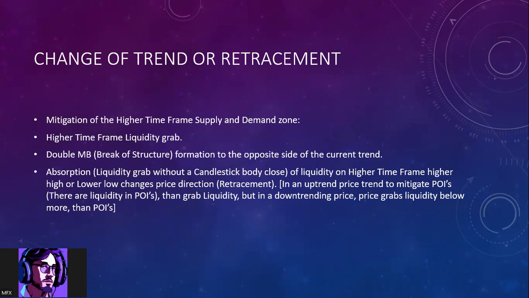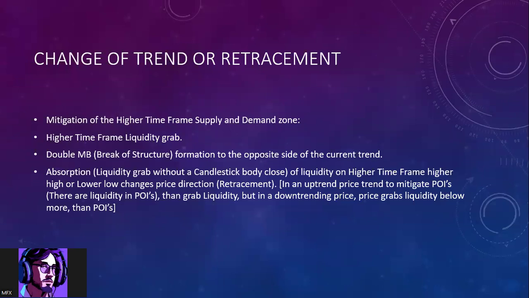In supply and demand zone, we have what we call breaker blocks, which are failed supply or failed demand zones. Those also make price change direction. We also have imbalances. I categorize them under supply and demand zone. They also make price change trend or retrace to the opposite direction of the current price.